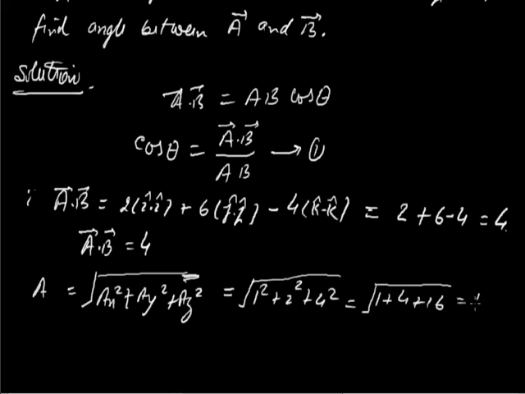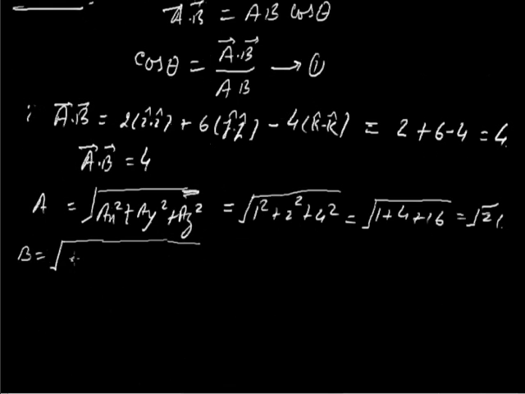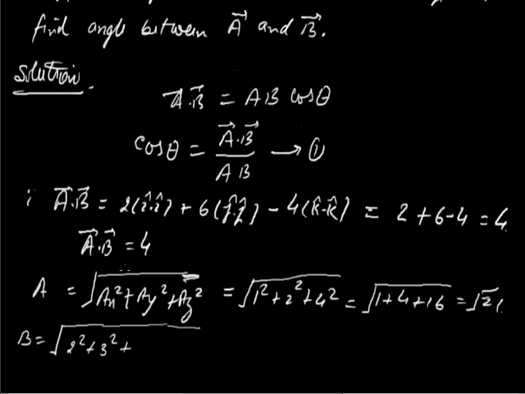Square root of 21. Now the same thing, the magnitude of B will be square root of bx square plus by square plus bz square. That's 2 square plus 3 square plus minus 1 square, that's 4 plus 9 plus 1, that is square root of 14.